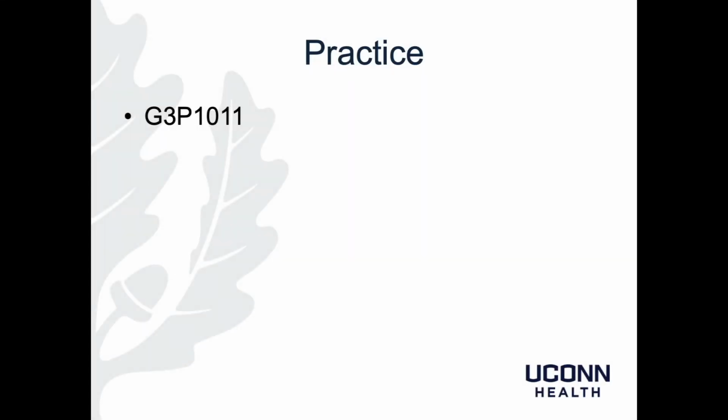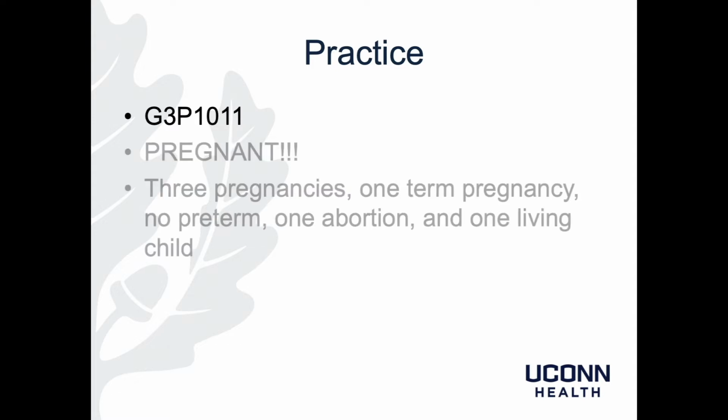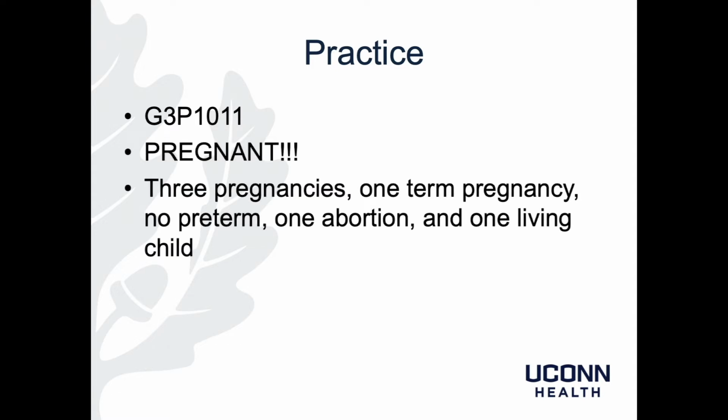Okay, so here's some practice. If you've got a patient who's a G3P1011, what would her pregnancy history look like? And is she pregnant right now, or is she not pregnant? The answer is yes, she is pregnant. So she's had 3 total pregnancies, including the pregnancy that she has right now.